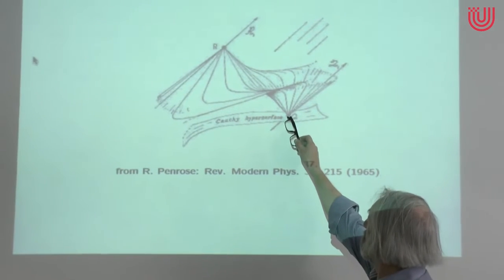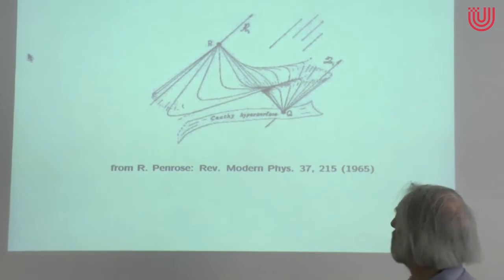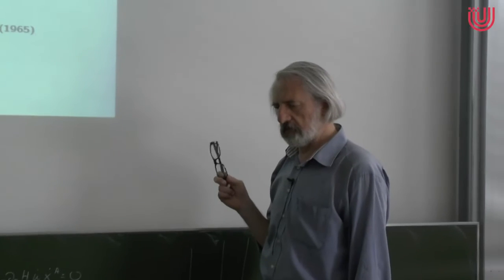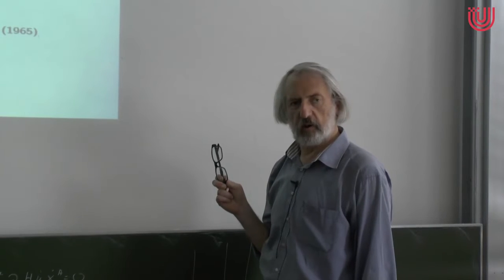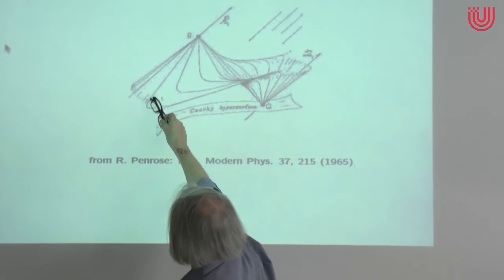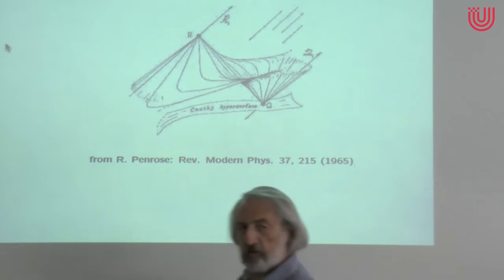So let's assume there is a Cauchy hypersurface passing through this event Q. Then this must be a hypersurface which is met by every causal curve precisely once. But you see, if you just consider a straight hypersurface, then there are light-like curves which intersect it twice.